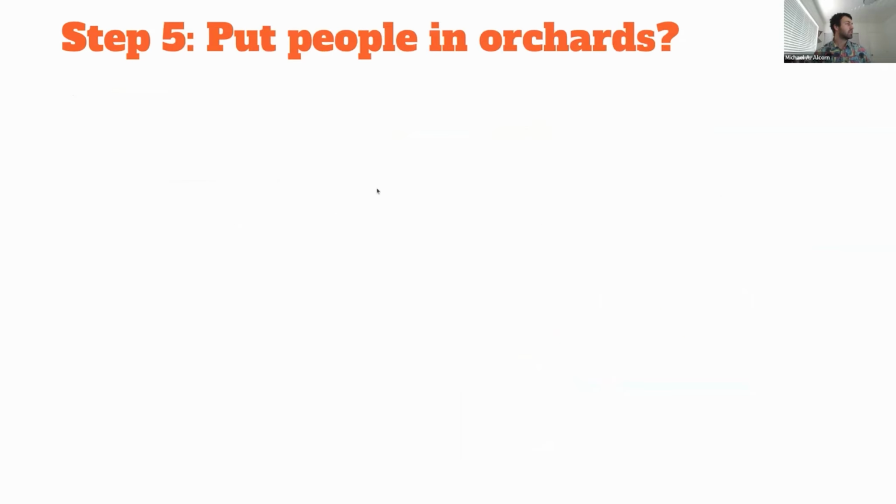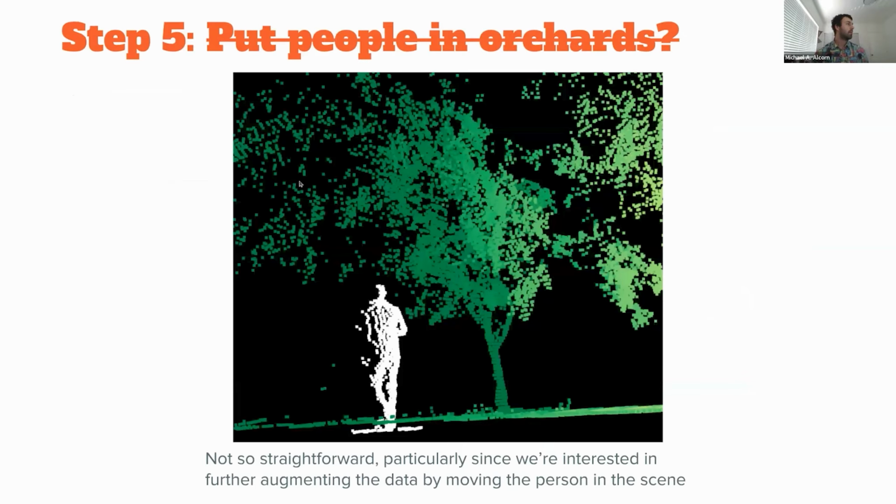So the next step is to put the people in orchards, but it's perhaps not so straightforward, particularly because we're interested, like I said before, in augmenting the data by moving the person to a specific location in the scene. What you see here is a naive cut and paste approach, where the human from the parking lot scene was cut out and then simply pasted into this orchard scene.